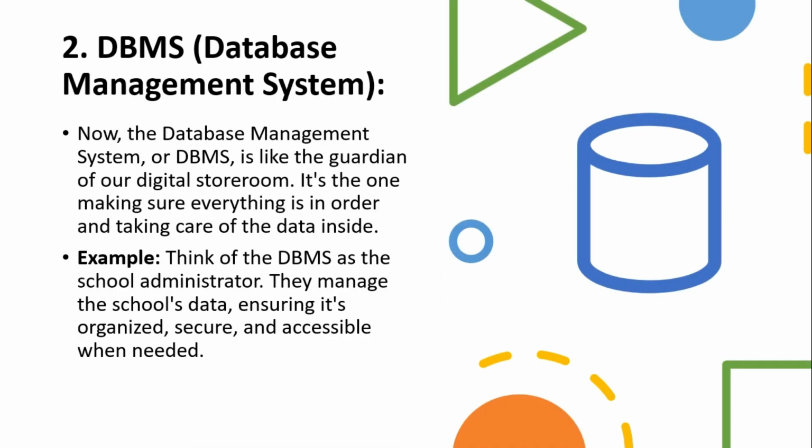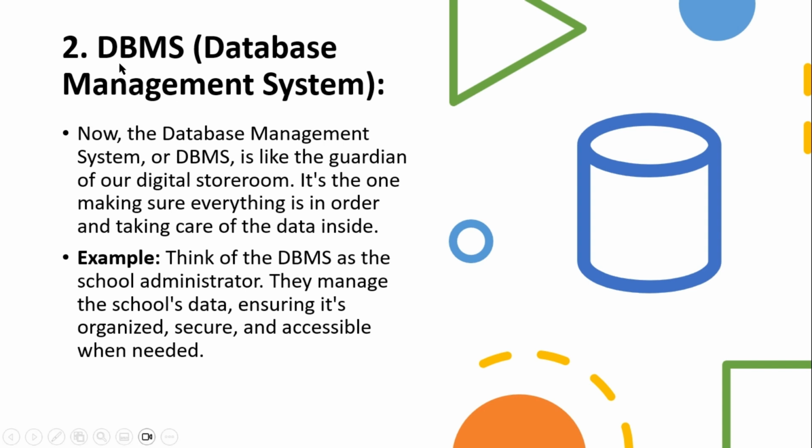Then we have the DBMS, means database management system. Now the DBMS is like a guardian of our digital storeroom, means the database. It's the one making sure everything is in order and taking care of the data inside. So DBMS is a software that deals with the database. If you want to interact with the database, we can interact with the database through DBMS.